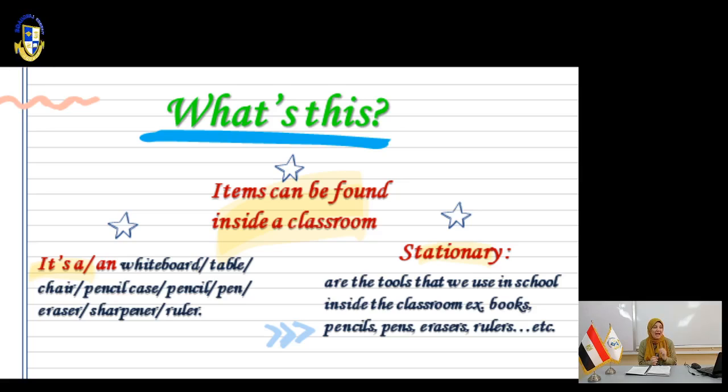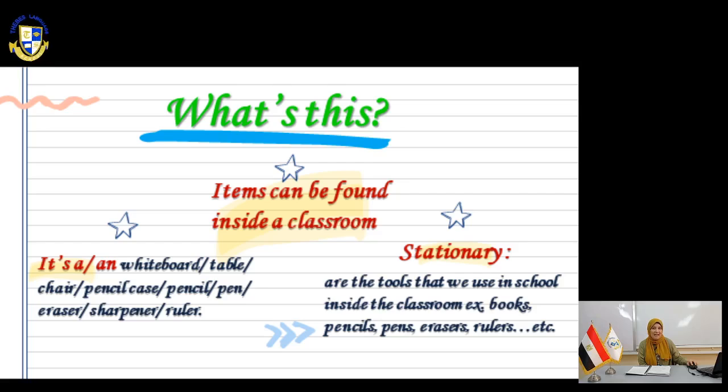We use an when the noun starts with a vowel: A, E, I, O, U. But when the noun starts with a consonant, we put a: a whiteboard, a table, a chair, a pencil case, a pencil, a pen, an eraser.